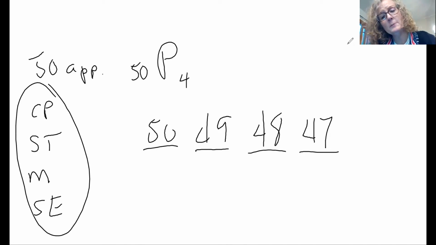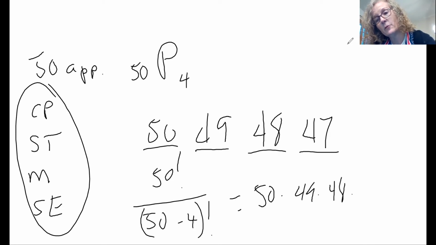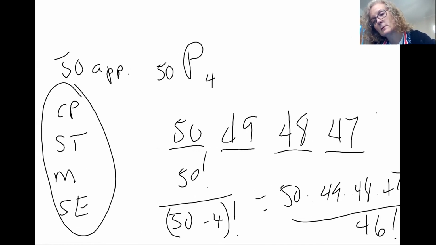If you use the formula, it would be 50 factorial divided by 50 minus 4 factorial. Now look at this, it'd be 50 times 49 times 48 times 47 times 46 factorial on top, and the bottom's going to be 46 factorial.